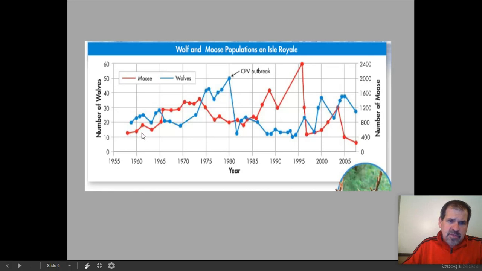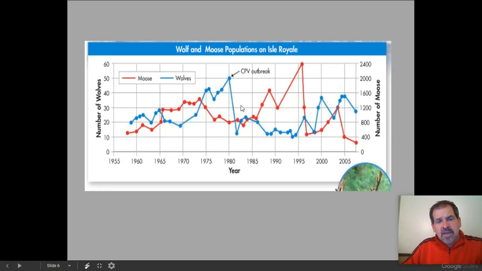As the moose population increases, what lags a few years behind is an increase in the wolf population, because more wolves can survive when there are more moose to feed on. As the moose population declines, because the wolf population got too big, then the wolf population starts to decline. In this particular case, this precipitous drop over these couple of years was from a virus outbreak.